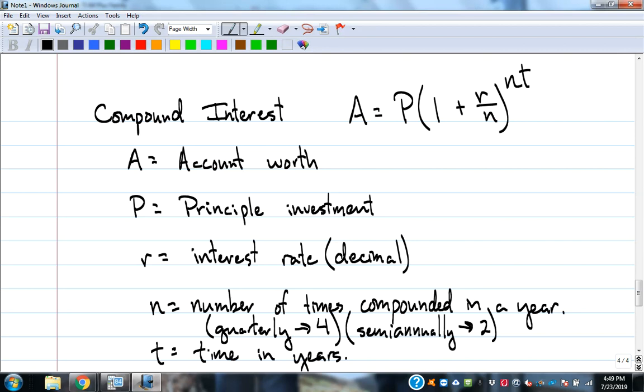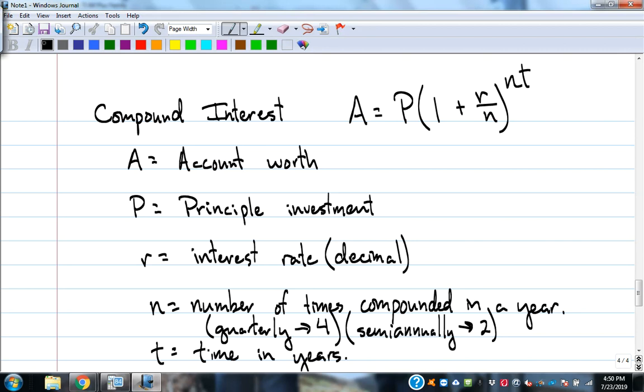So what we're going to do is take a couple of scenarios and figure out what the account is worth after a certain amount of time if we invest a certain amount of money. And then we're going to take that idea and solve for how much money we need to put in the bank in order to have a certain value after a certain amount of time. So like planning-type investment.